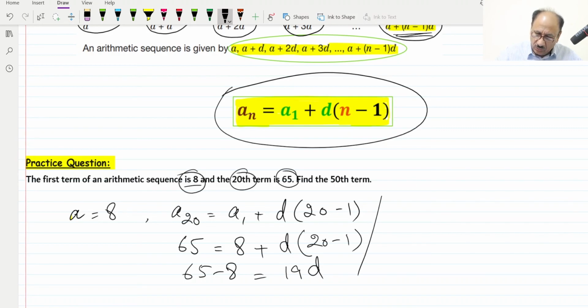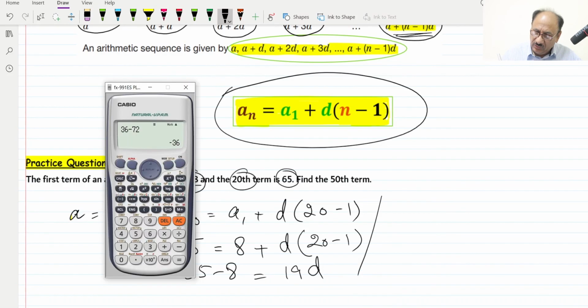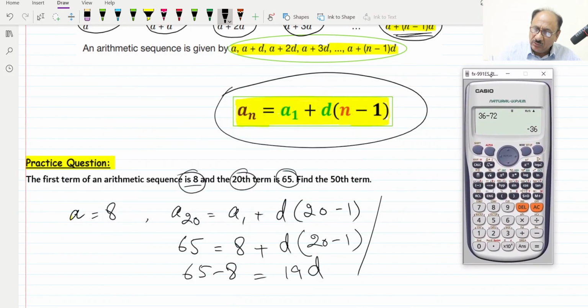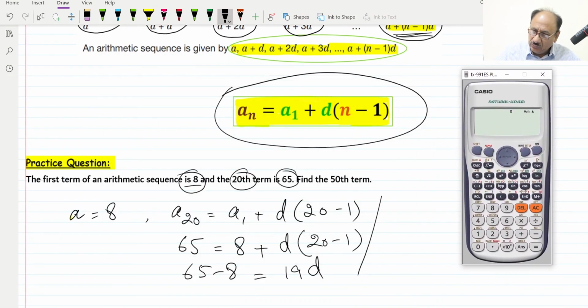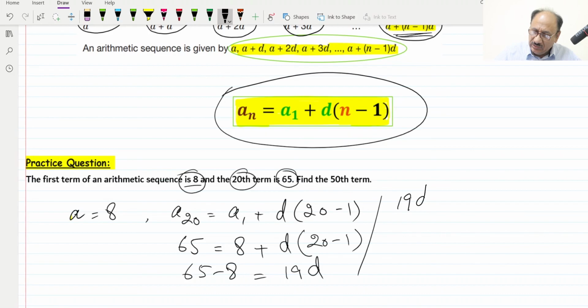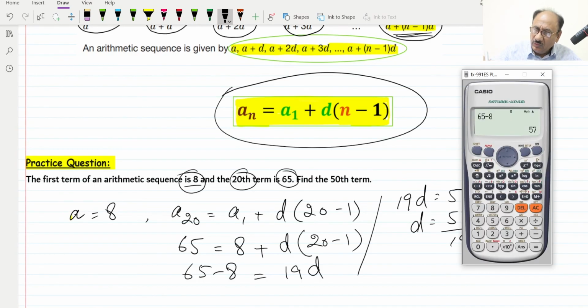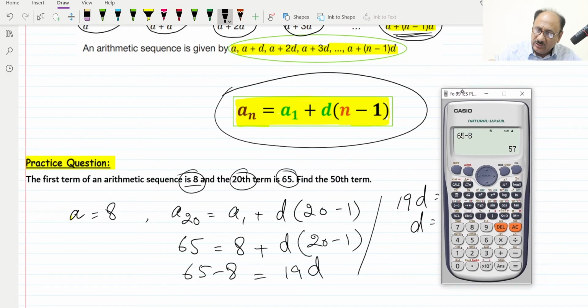We can use a calculator for this: 65 minus 8 is equal to 57. So 19d is equal to 57, so d will be equal to 57 over 19. And we know 57 over 19 will be what?